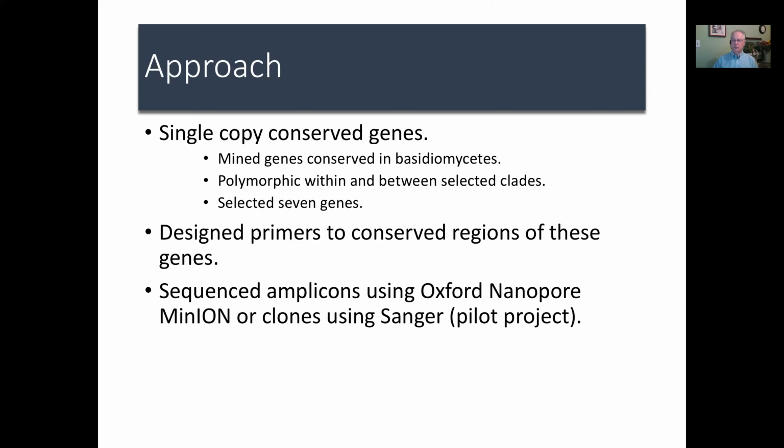And for this project, we selected 7 genes. We designed primers to conserved regions of these genes. And for the most part, we sequenced amplicons using Oxford Nanopore technology. In the initial pilot project, we cloned amplicons, and we used Sanger sequencing.